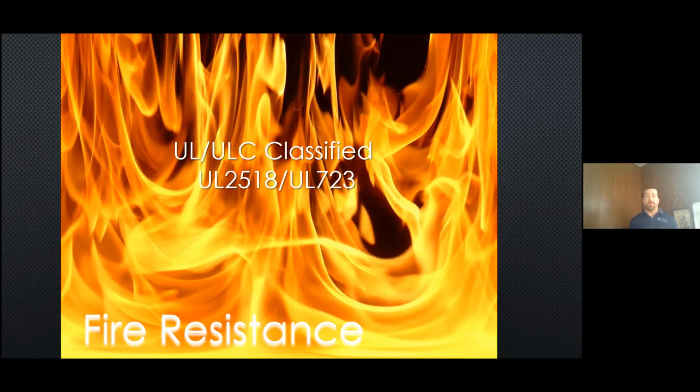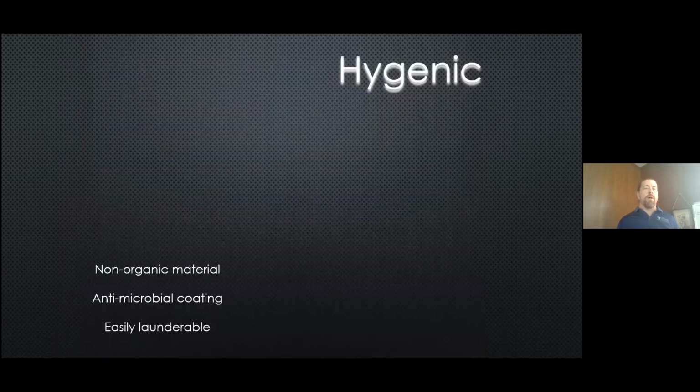There's UL 723, which is a general anti-burn, anti-fire type listing, and UL 2518, which was designed specifically around textile air dispersion systems. It looks at not only fire and smoke resistance, but also overpressurization and total wear and tear on these systems.